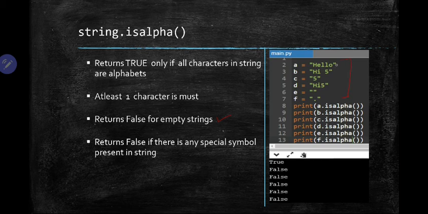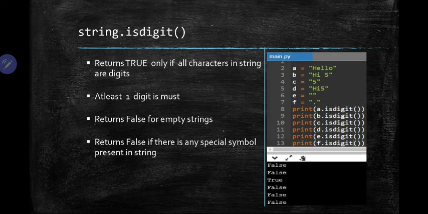So hello, all the characters are alphabets, so it will return true. Second one will be false, third will be false, fourth will also be false, and fifth and sixth also false, because none of these strings have only alphabets. So I hope this is clear.